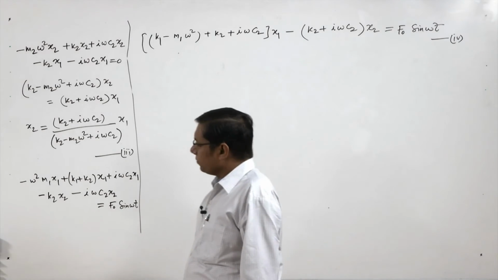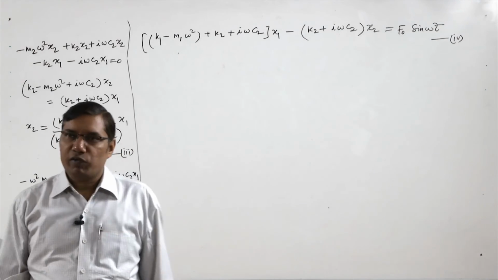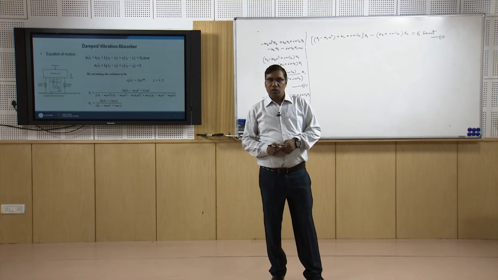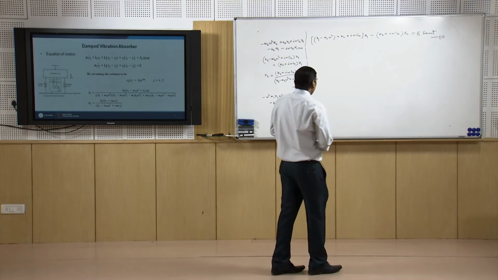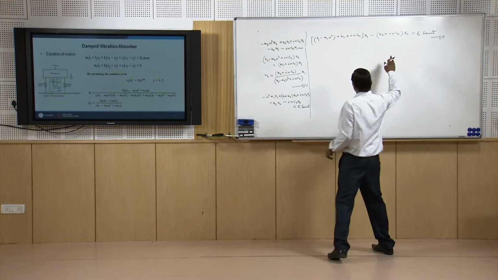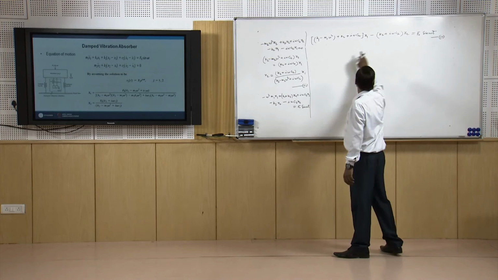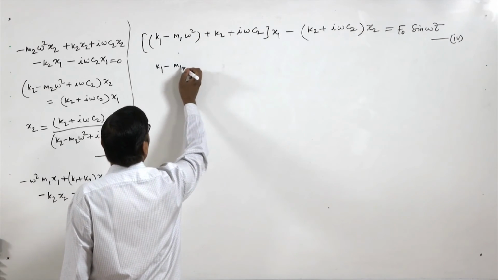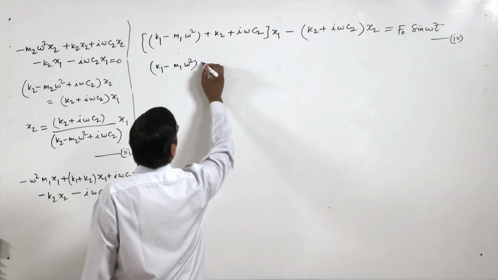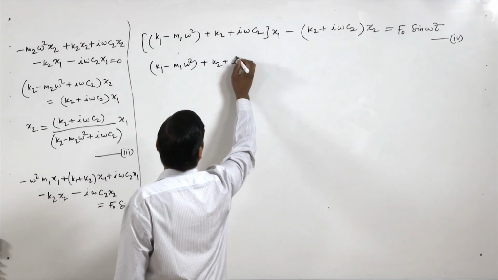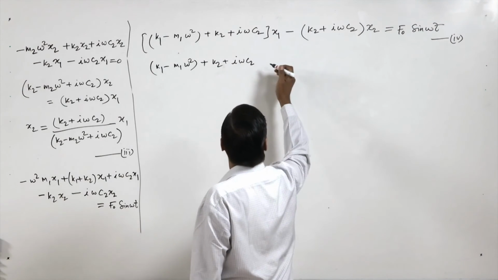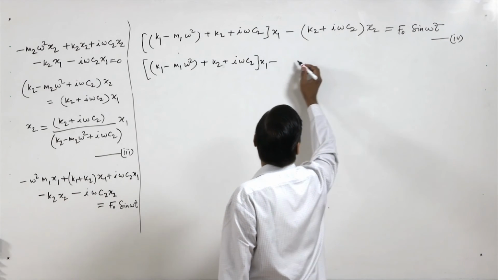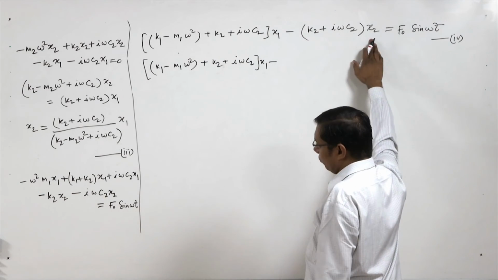Now we can solve these two equations because they have the unknowns X1 and X2. So we put the value of X2 in terms of X1 in equation 4. So here (k1 minus m1 omega squared plus k2 plus iω c2) X1 minus (k2 plus iω c2) into X2.